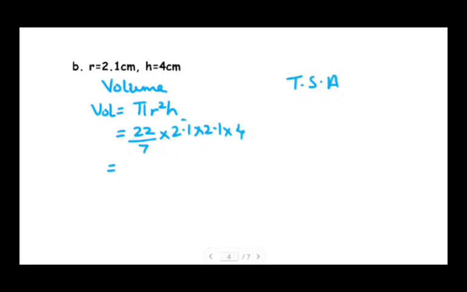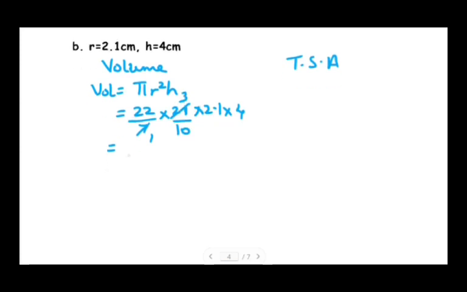So instead of this 2.1, I'm going to write it as 21 upon 10. 7 ones are 7. 7 threes are 21. So now I have to multiply 22 into 3 into 2.1 into 4.